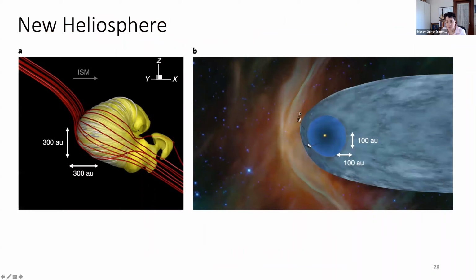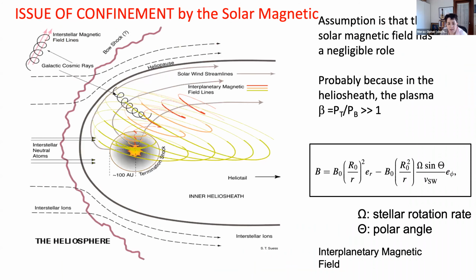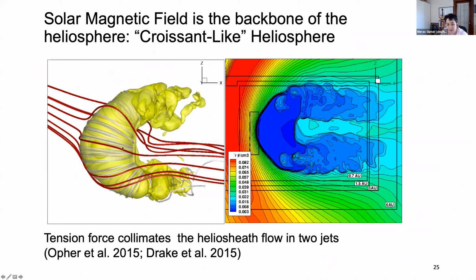In this diagram, when you have the solar wind going down the tail, trying to stretch these field lines, the magnetic field of the sun is going to resist the stretching and start confining the plasma into two jets. It's not going to want to be stretched anymore and confines the flows to the north and south.